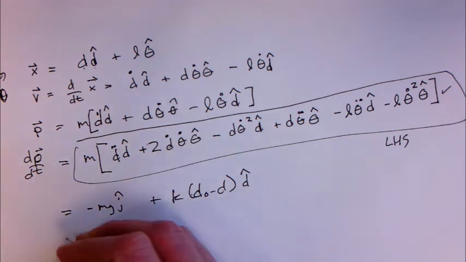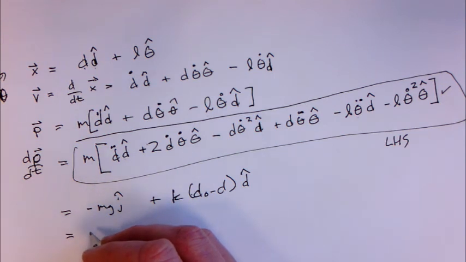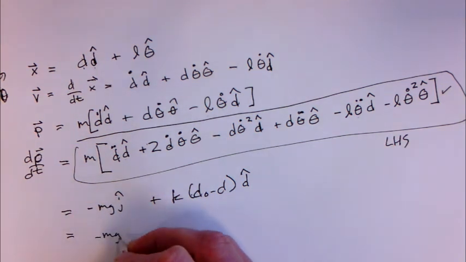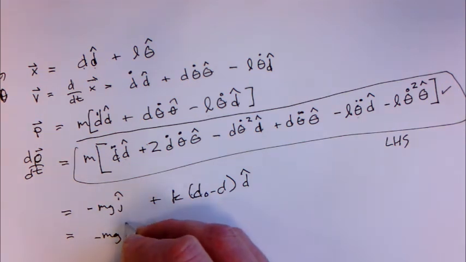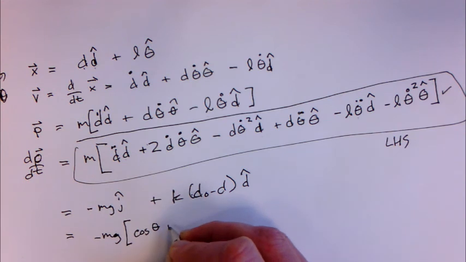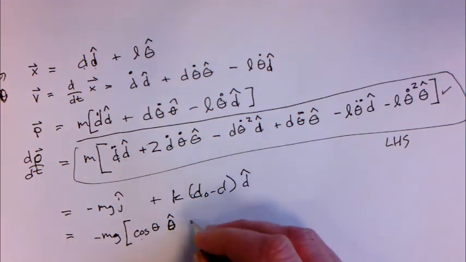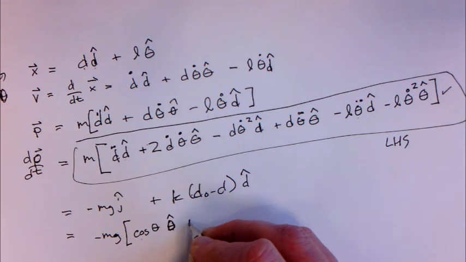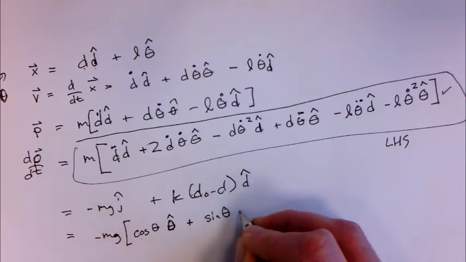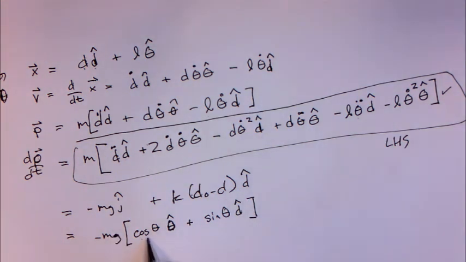So let's convert the right-hand side to be minus mg, and j hat, if I think about it, is going to be a cosine of theta times theta hat. When theta is 0, j hat is in the plus theta hat direction, and similarly, when theta is pi over 2, it's in the plus d hat direction. So j hat is cos theta theta hat plus sine theta d hat.